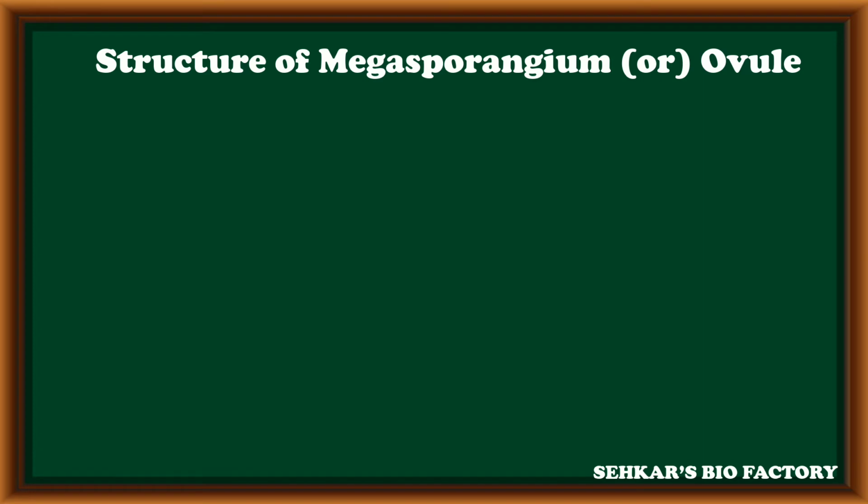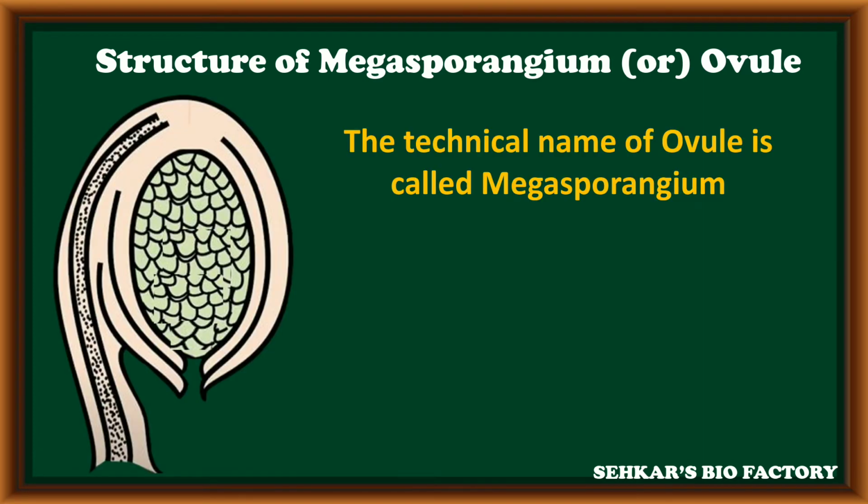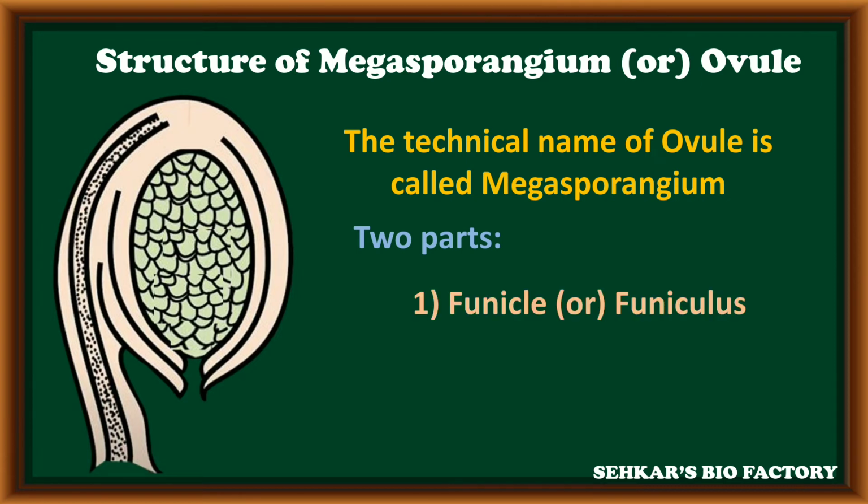In the structure of each ovule, the technical name of the ovule is megasporangium. This megasporangium or ovule contains two important parts. One is called funicle or funiculus. The second part is the ovule body.